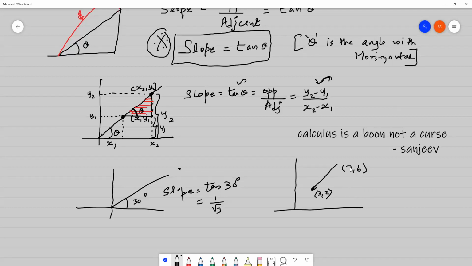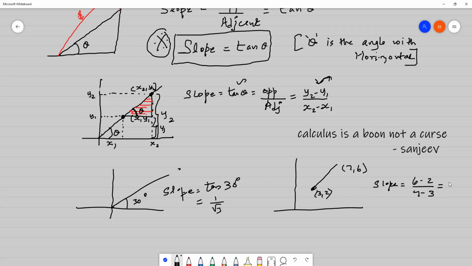So x1 is 3, y1 is 2, x2 is 7, y2 is 6. So the slope here is y2 minus y1, 6 minus 2, divided by 7 minus 3.